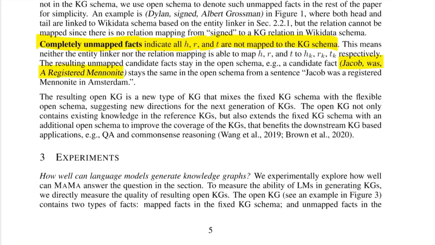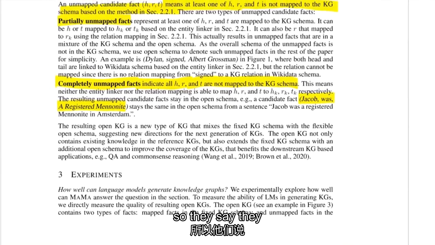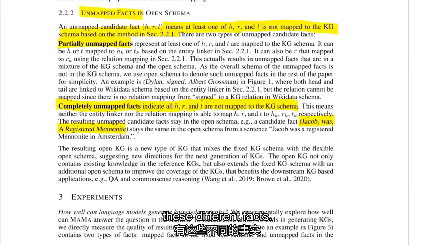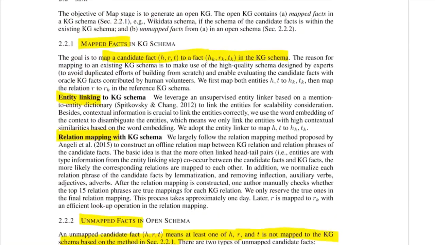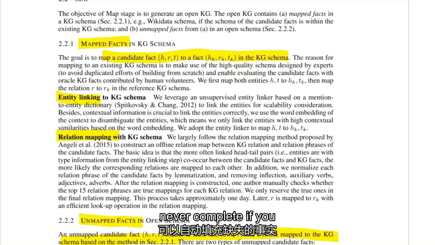Now here, they say they have these different facts, and it's a cool thing if a model like this can actually come up with new facts. Not only new mapped facts, which is something you would expect, right? If humans provide some kind of a schema, then build a knowledge graph, this is never complete. So if you can automatically fill in missing facts, that's very, very cool.